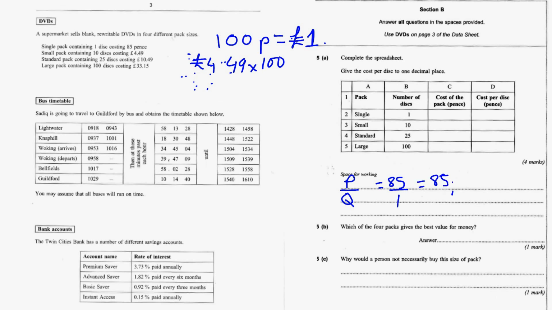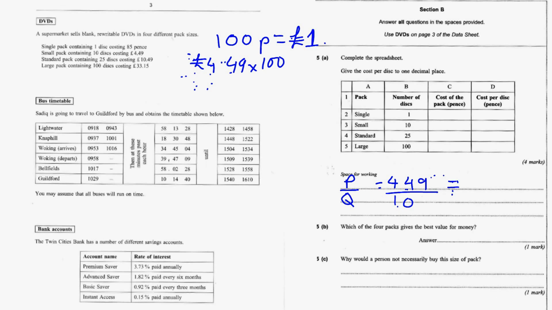Remember, the answer is supposed to be in pence. The next one, using the same formula, price over quantity, remember you put this in pence. So we've got 449 pence over the quantity, which is 10.